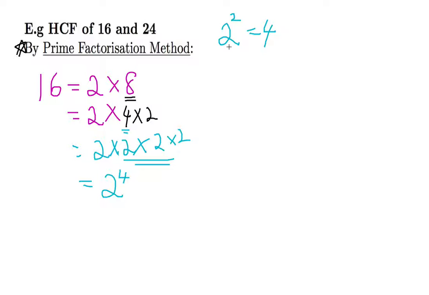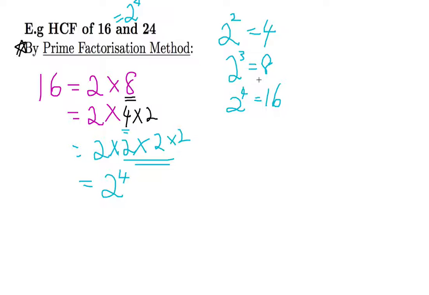Not only that, maybe get yourself used to 2 cubed is 8, 2 to the power of 4 is 16. Be a little bit more sensitive. So once you see 16, immediately in your mind, you go, okay, it's 2 to the power of 4. So that's it. That's the prime factorization done for 16.